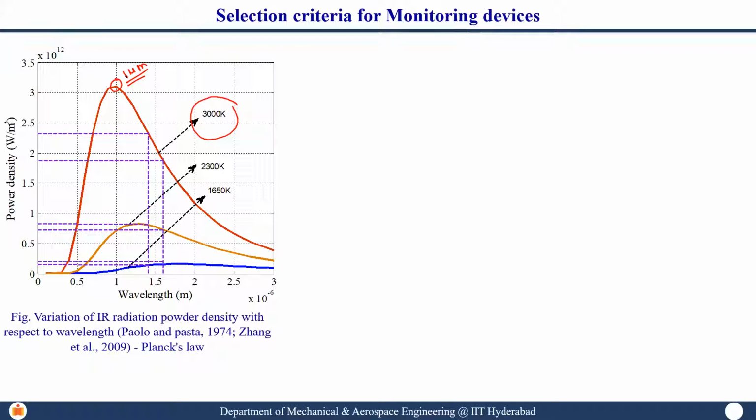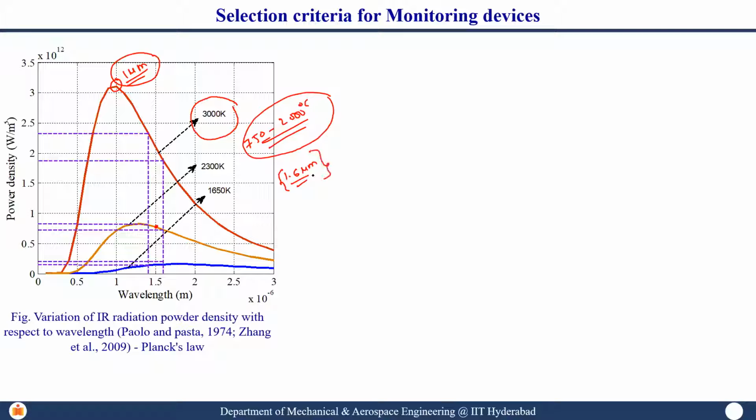So your detector should be able to measure 1 micrometer wavelength. But typically, in the case of metals, we target from, let us say, 750 to 2000 degrees centigrade. Now, if you use this one, which one is good? Obviously, if you see over here, at 1.6 micrometer wavelength the intensity is high. So I am selecting my sensor at 1.6 micrometer.